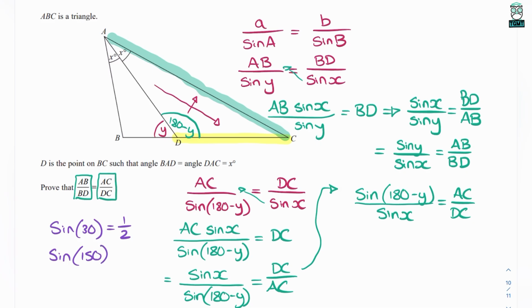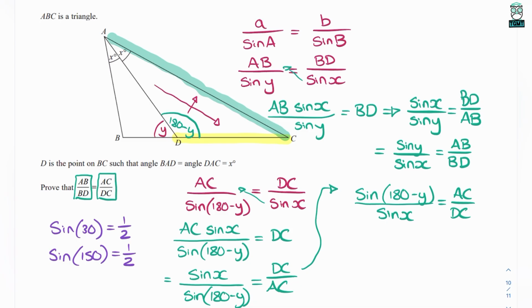And sine 150 is also a half. So this is something you should know from trigonometric graphs. And again, I'll link the video for trigonometric graphs in the video as well, so that you can have a look at those. But these values are equal. So any value of sine, if you take it away from 180 and plug that value of sine in, you'll get the same answer for both of them.